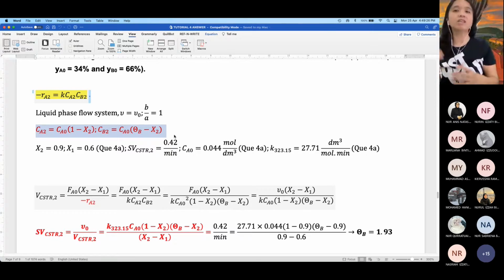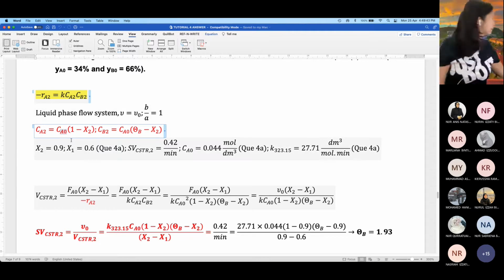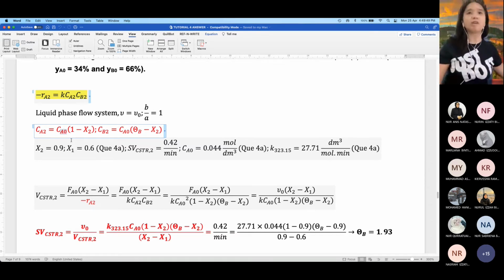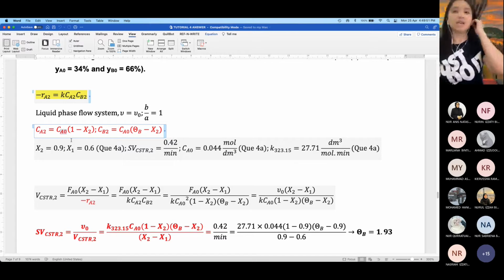Dia tak susah sangat. The only difference is in the first reactor kita measure in terms of X1, conversion pada reaktor pertama. Kalau reaktor kedua kita akan measure in terms of X2. Sebab tu formula dia akan menjadi for CA2 become CA0 in bracket 1 minus X2 because now we are measuring the conversion in the second reactor.